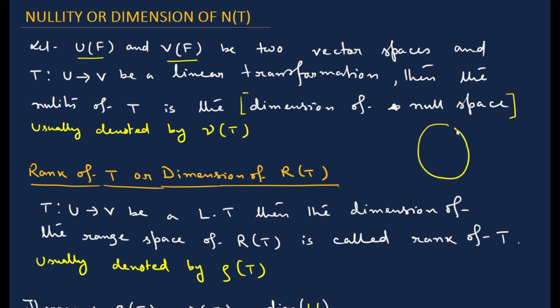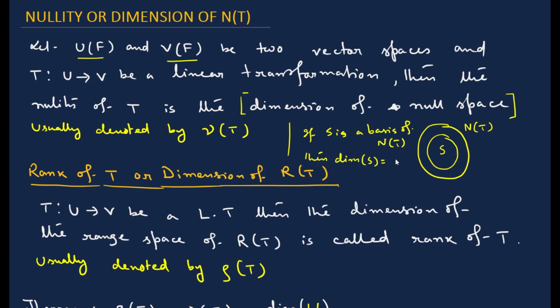Suppose this is the null space N of T, and then there is a set S. If S is a basis of N of T, then dimension of S is called what?